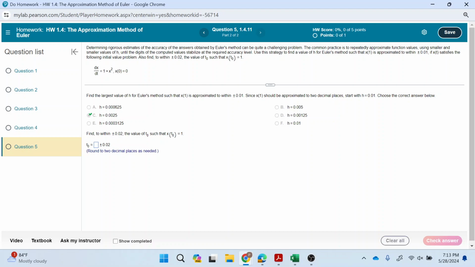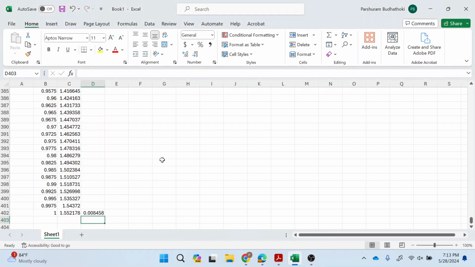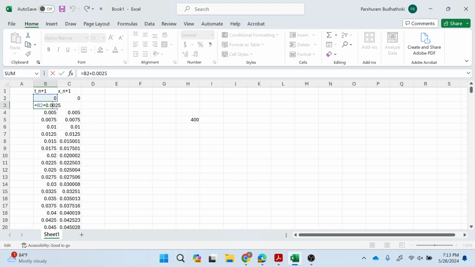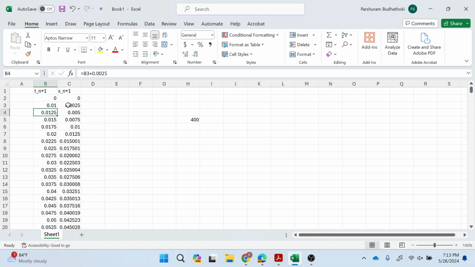Whenever you are given this range, just make it half and choose that h. So half of this is h equals 0.01, because double of 0.01 is 0.02. So within that margin, we need the answer.